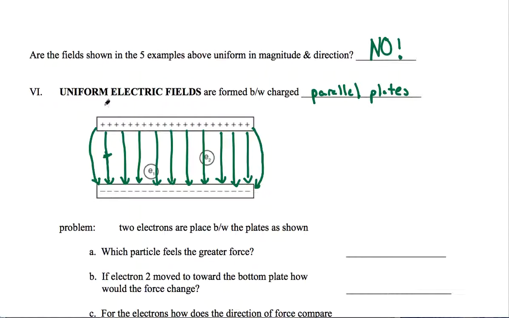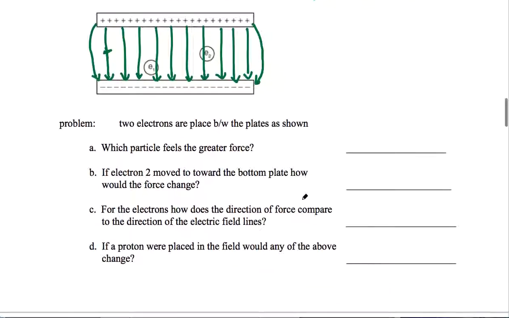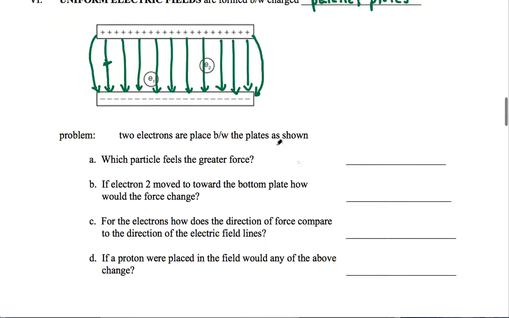Okay, so think about gravity. On Earth, gravity has this nice uniform field, as long as you're not getting too far away from the Earth. So these 2 electrons that are placed between the plates as shown, which particle experiences a greater force? Well, they're in a uniform field. So just like 2 objects, and they have the same charge, right?